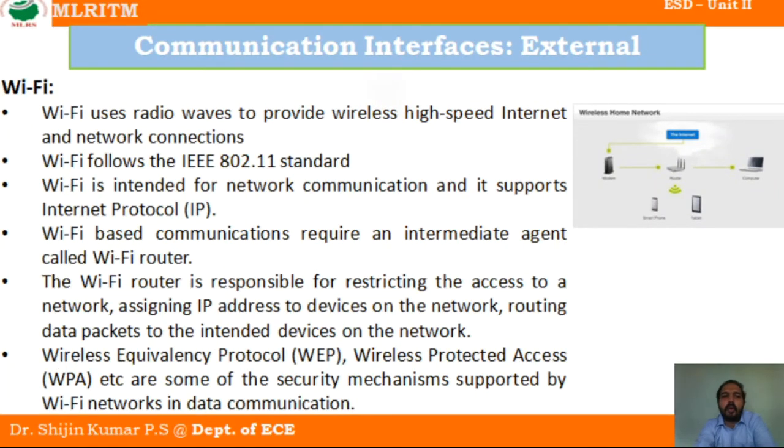Next is the Wi-Fi protocol. So what is Wi-Fi? What is the full form of Wi-Fi? Wireless fidelity. Wi-Fi uses radio waves to provide wireless high-speed internet and network connections. We can connect the internet to a Wi-Fi device, and this Wi-Fi device can act as a router or a hub.